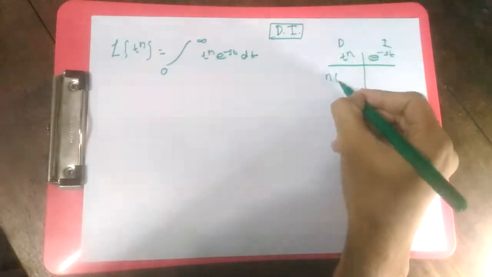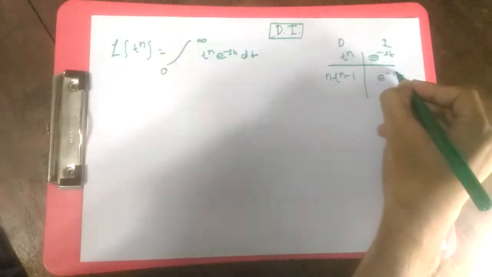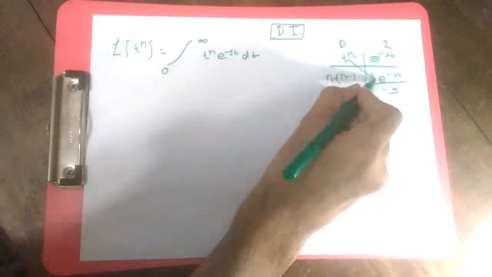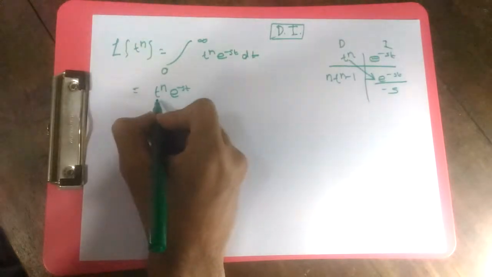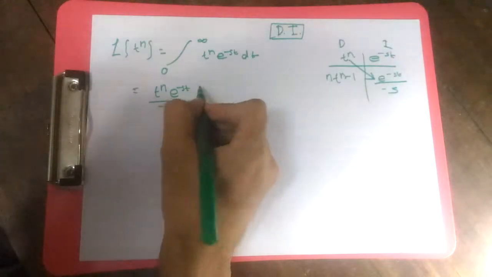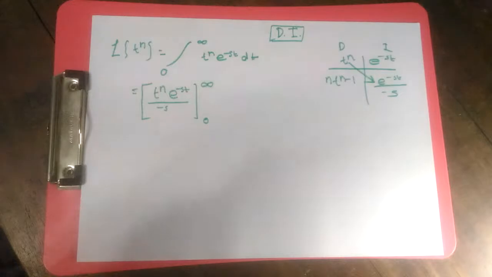After the first differentiation I get n t to the n minus 1, and after the first integration I get e to the power minus st over s. So my first term to evaluate is t to the power n e to the power minus st over s, evaluated from 0 to infinity for t.